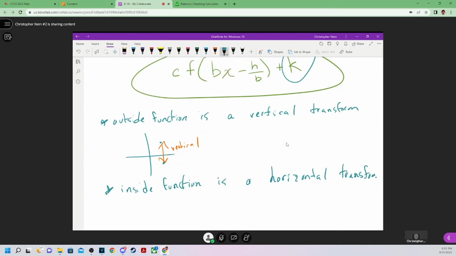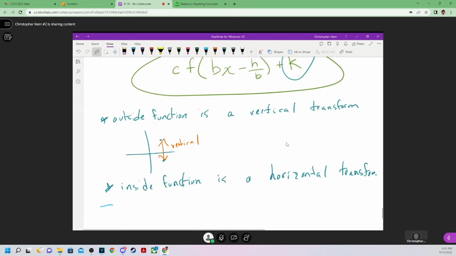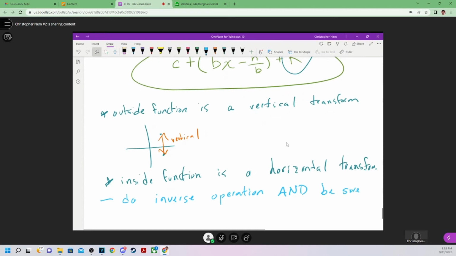It's a horizontal transformation. Always, when you do your horizontal transformation, be careful. These are the tricky ones. Do the inverse operation, and be sure to factor b. You always got to factor b just in case.